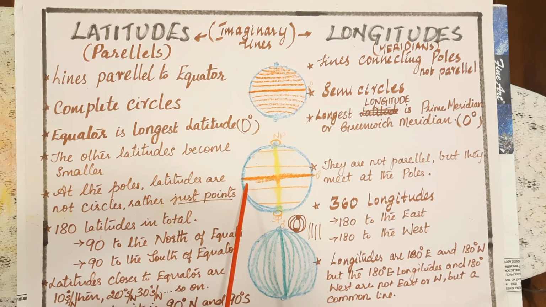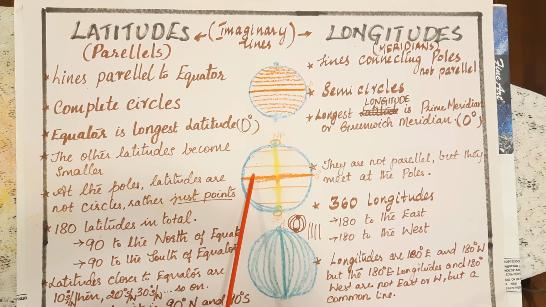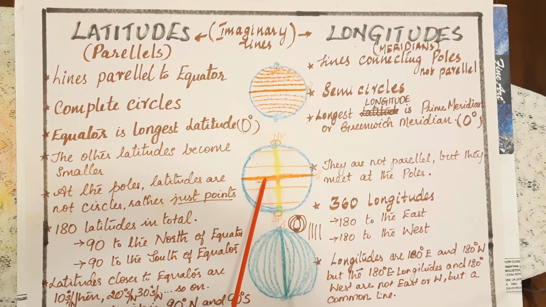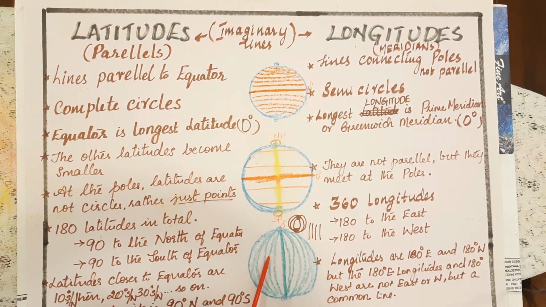Okay, and all the lines closer to the equator are starting from 10s and going on till 90. The equator divides the globe into northern hemisphere, southern hemisphere. Prime meridian divides the earth into eastern hemisphere and western hemisphere.